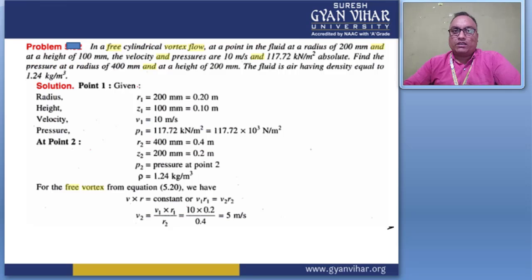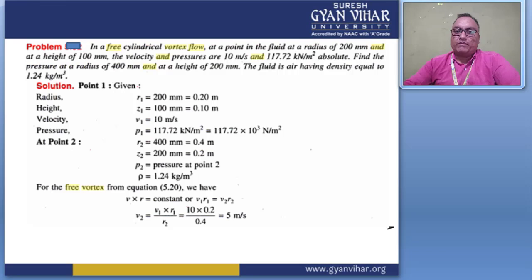Find the pressure at a radius of 400 mm and a height of 200 mm. The fluid is air having density equal to 1.24 kg per meter cube.